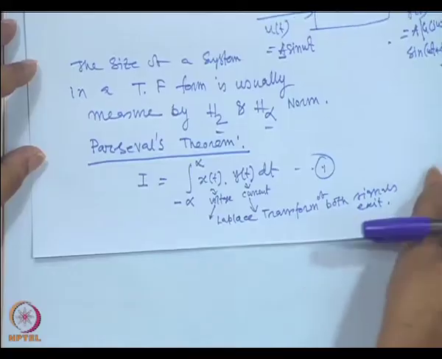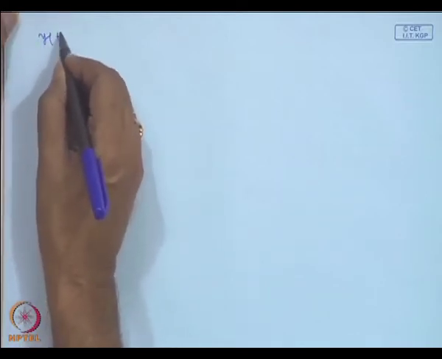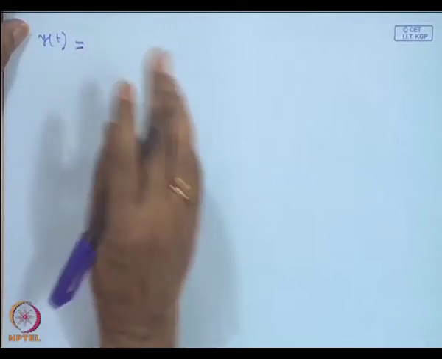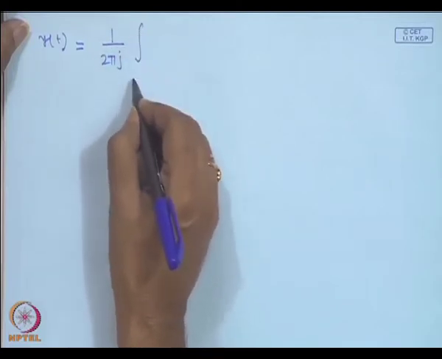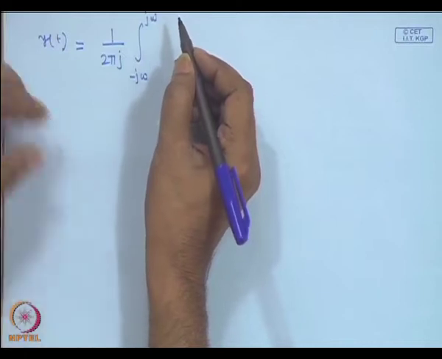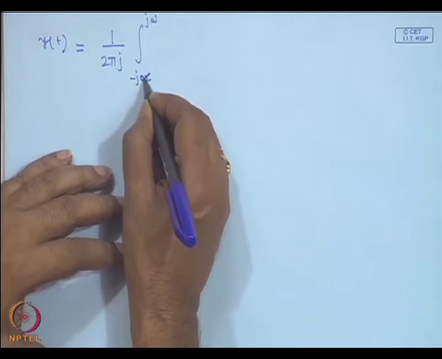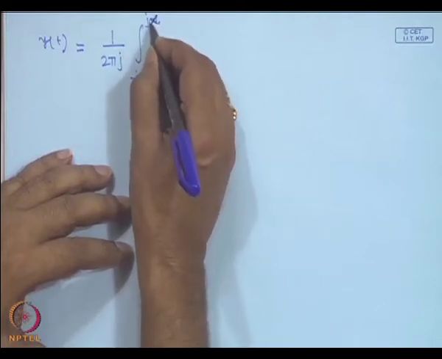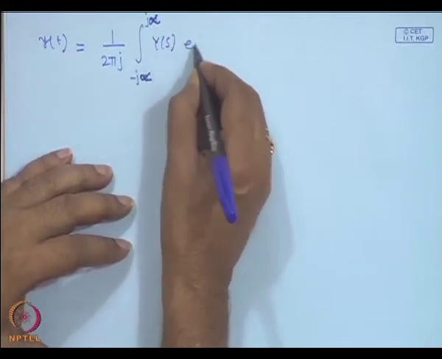Now, looking at y of t, if the Laplace transform of y of t is y of s, then I can write the inverse of that Laplace transform, with the integral from minus j infinity to plus j infinity.